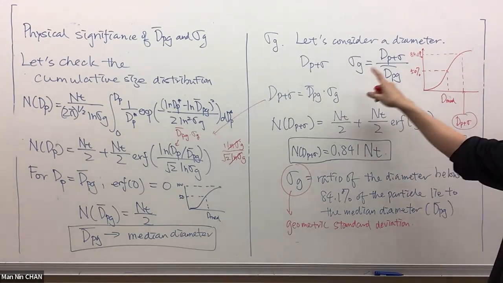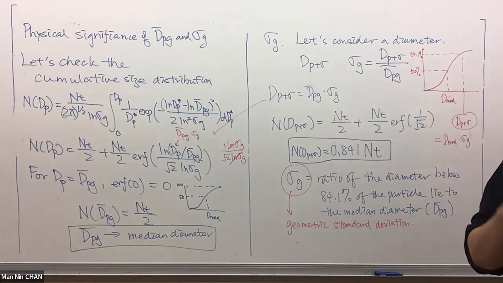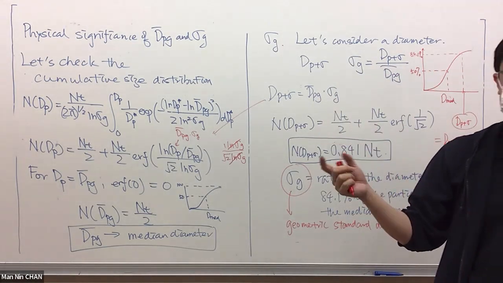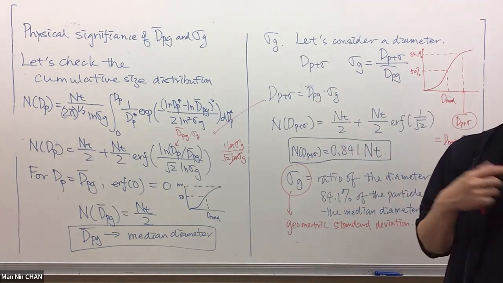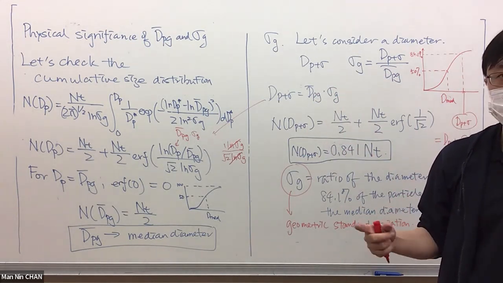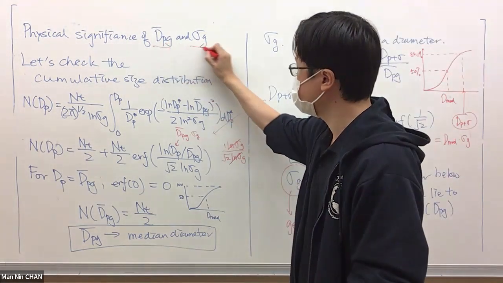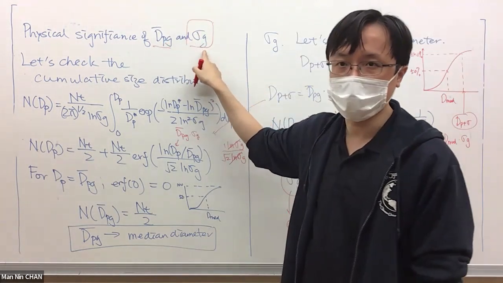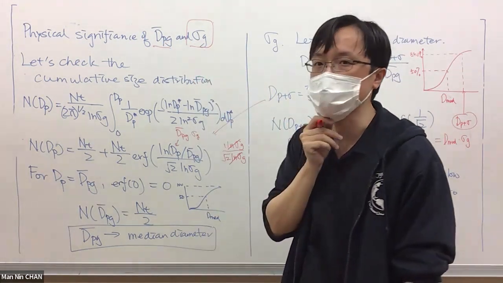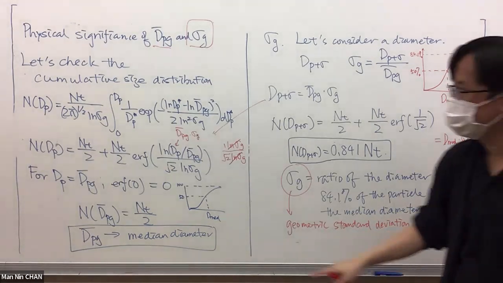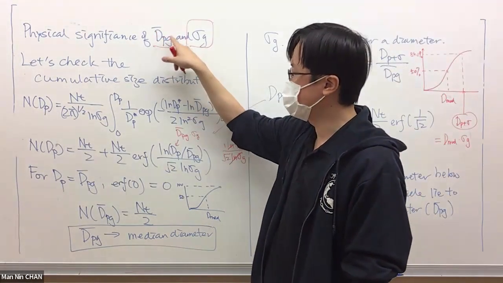I'm sure you have seen very similar or the same concepts before, but here we apply them when we talk about an aerosol population. Are you okay with these two parameters? Sigma g is called the geometric standard deviation, and this is the dpg bar.